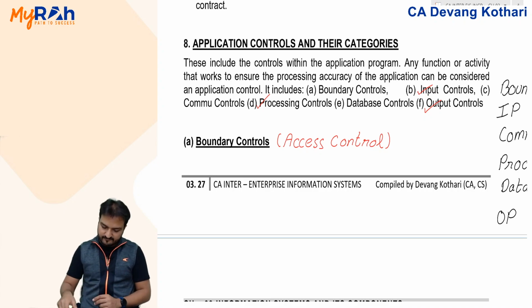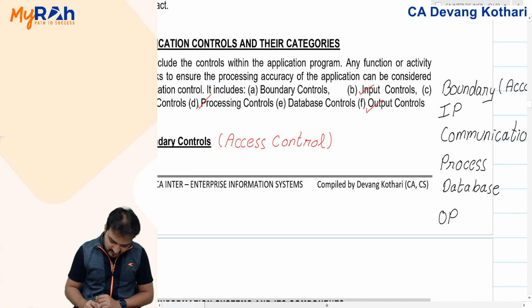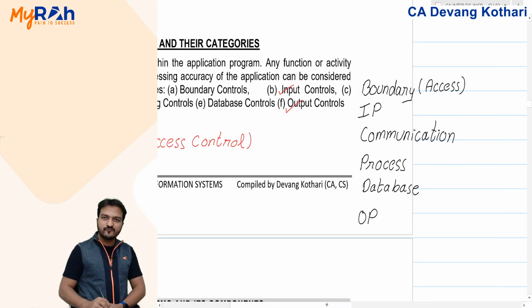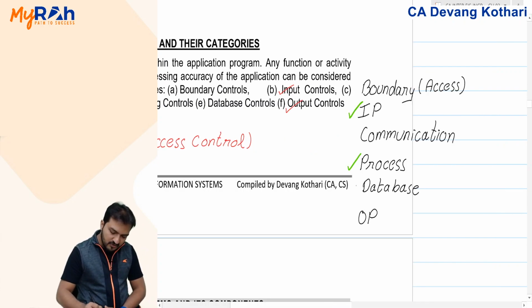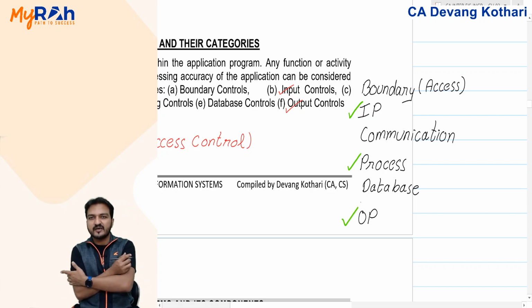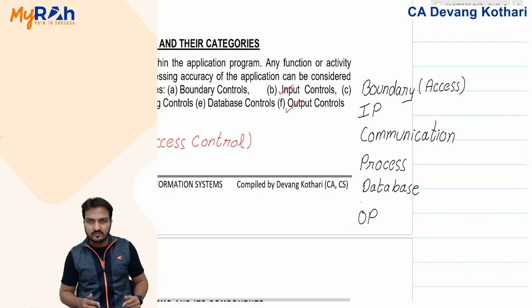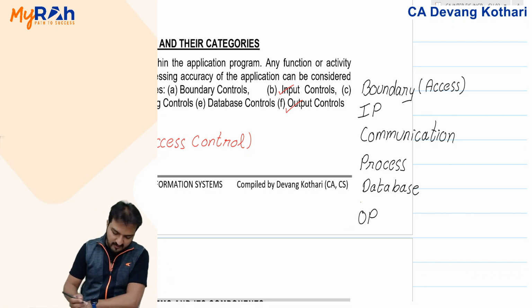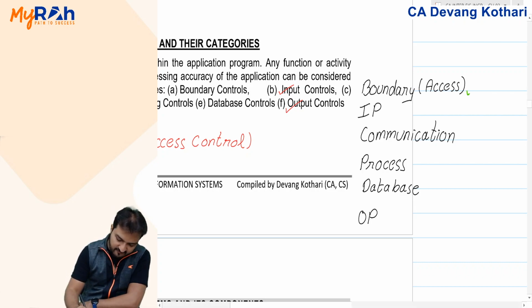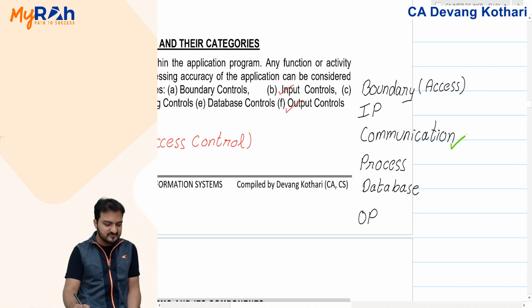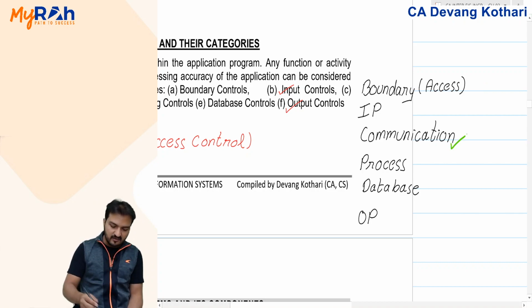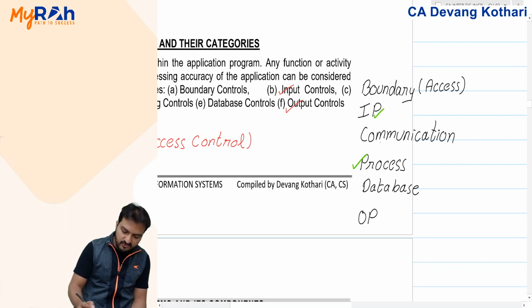Now, any software can have these different components. Any software will have input, process and output. So my application controls are also under these categories: input controls, process controls, and output controls. But apart from that, my application controls will also have access controls regarding whom to allow access, whom not to allow access, communication controls, which is pertaining to communication, like input needs to be communicated to the process.